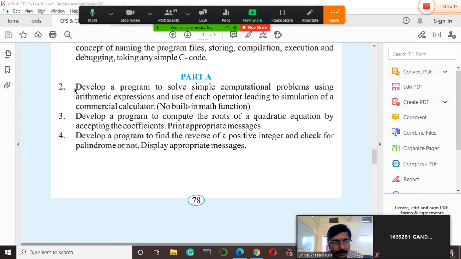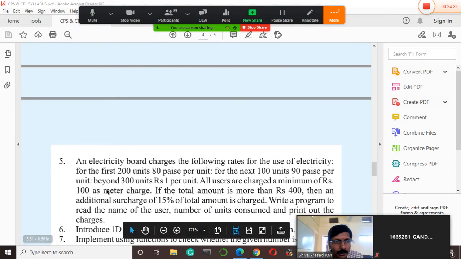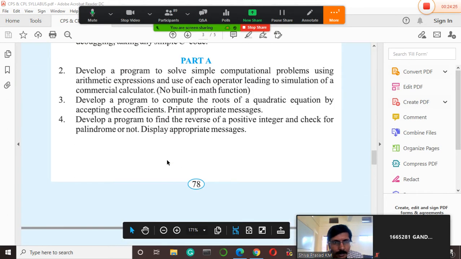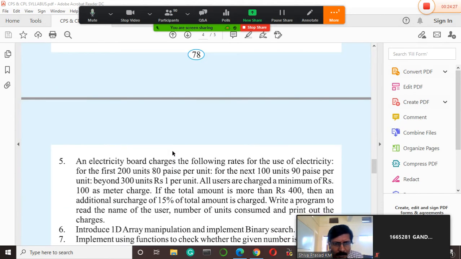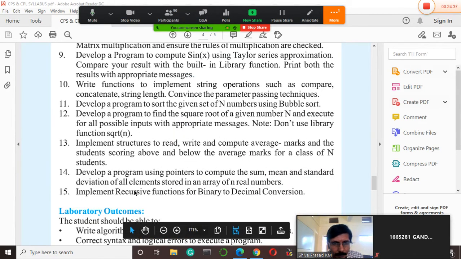Actual programs start from the second, 3rd, 4th, 5th, 6th and 7th. So the 2nd to 7th programs come under part A, whereas the remaining programs from 8 to 15 come under part B.